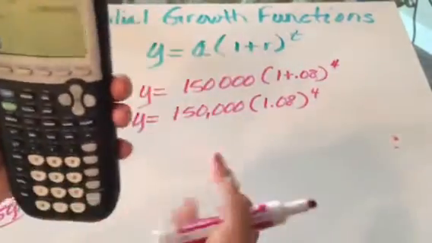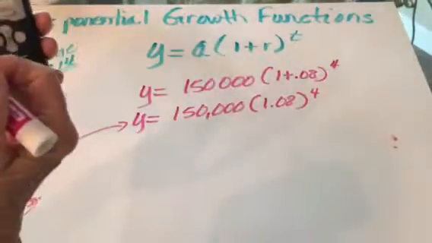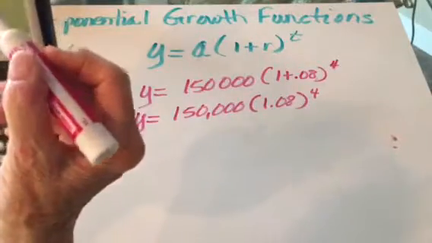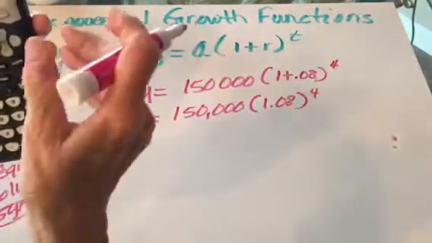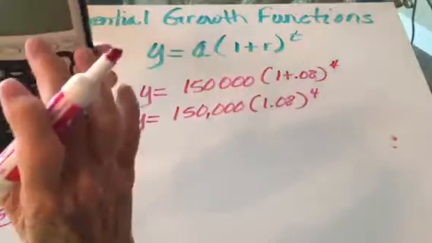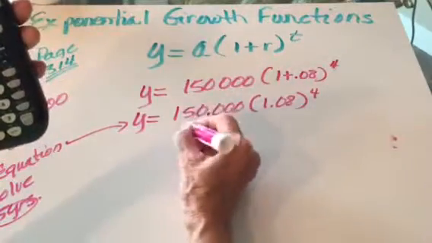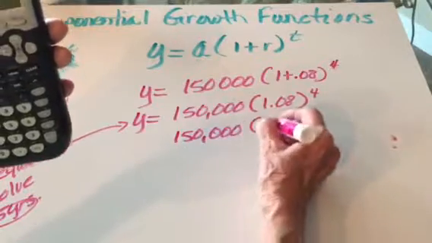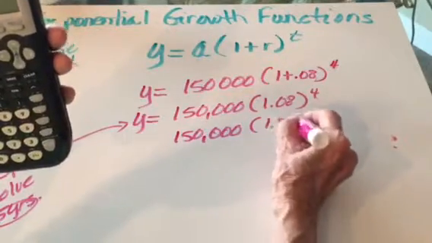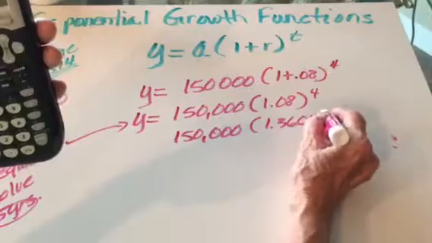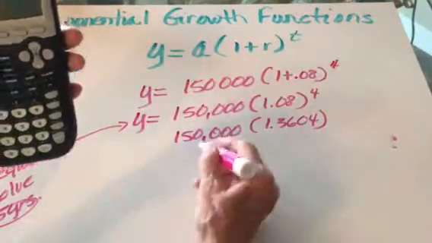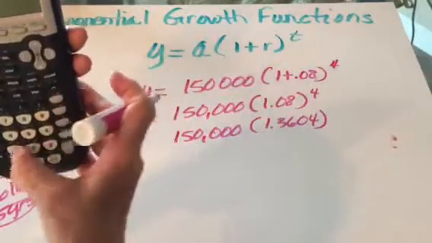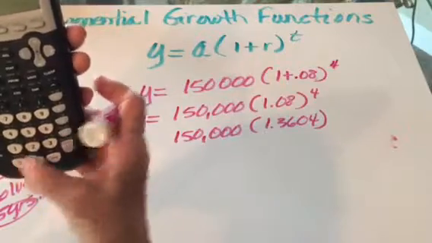And when I do that, 1.08 to the 4th equals 1.36. Here, I'm going to write this down. 150,000 times 1.3604. All right, now I just multiply that times 150,000 right in the calculator.